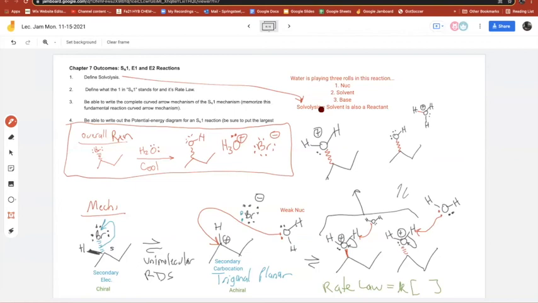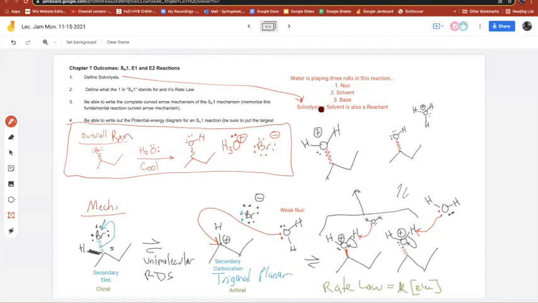The electrophile. So it's only dependent on the concentration of the electrophile. If I double the concentration of the nucleophile, the water, well, in this case the water is the solvent too, so it's kind of funky. I have to show you a different example to get that point across. But there's the rate law.